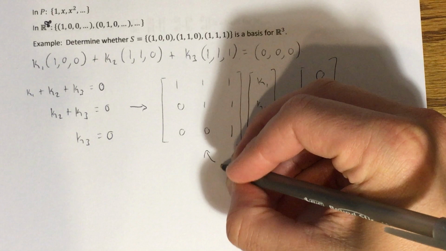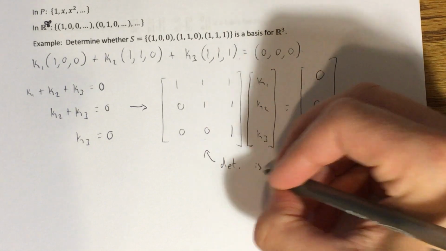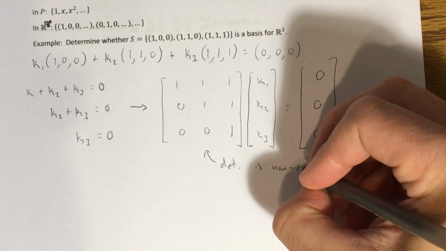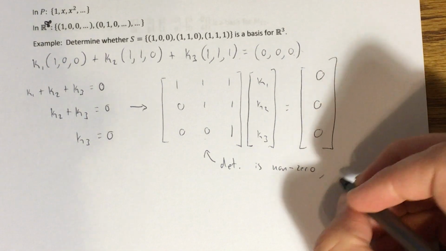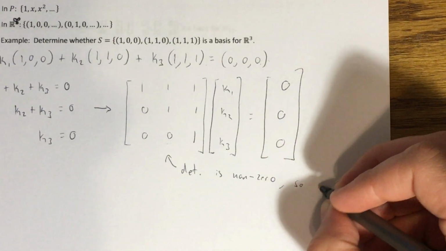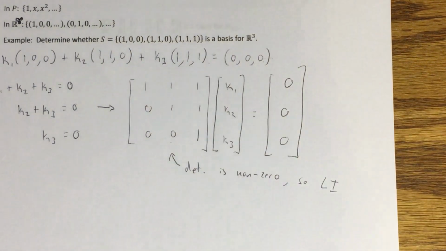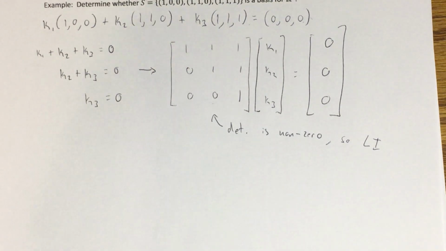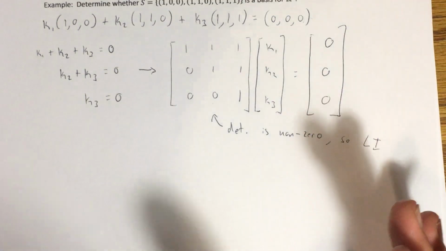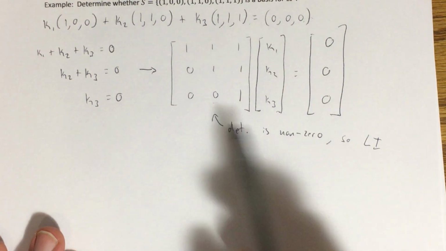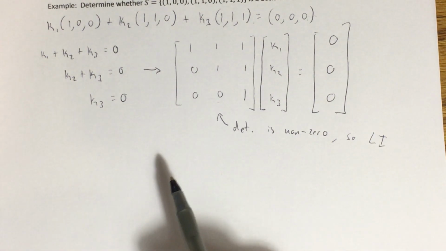So I'm going to say determinant is non-zero. So linearly independent, okay? You would want to make that a little bit more of a sentence, I guess, in a test or something, but this is just to give you the idea.